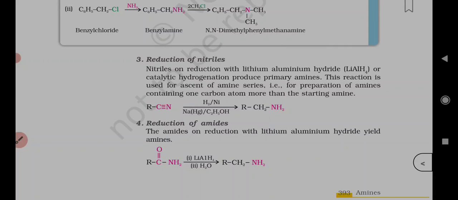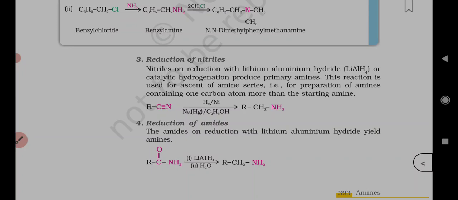So what will happen after treating with ethanolic potassium hydroxide? It will form potassium salt of phthalimide. Instead of hydrogen, N−K+ is there. Potassium salt of phthalimide, which on heating with alkyl halide, what will it give?